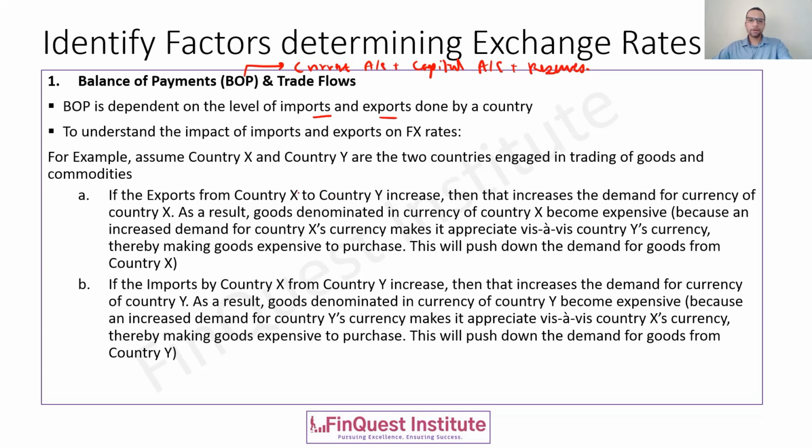Then in this scenario, since the demand for country X products is higher, the demand for the currency of country X is also going to be high, because the products will be denominated in their currency.